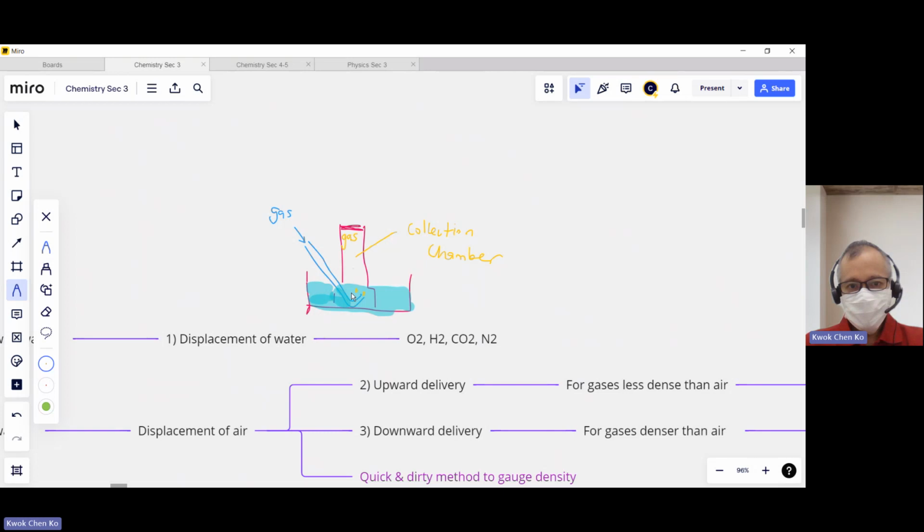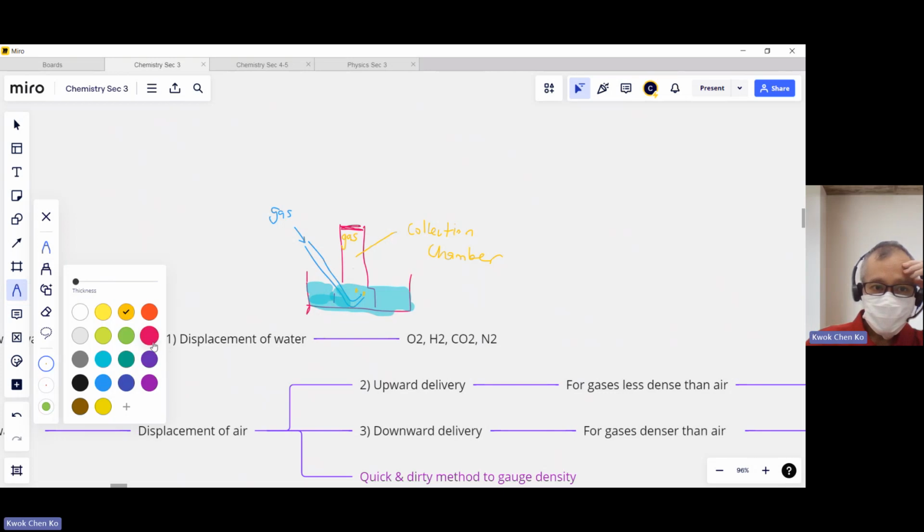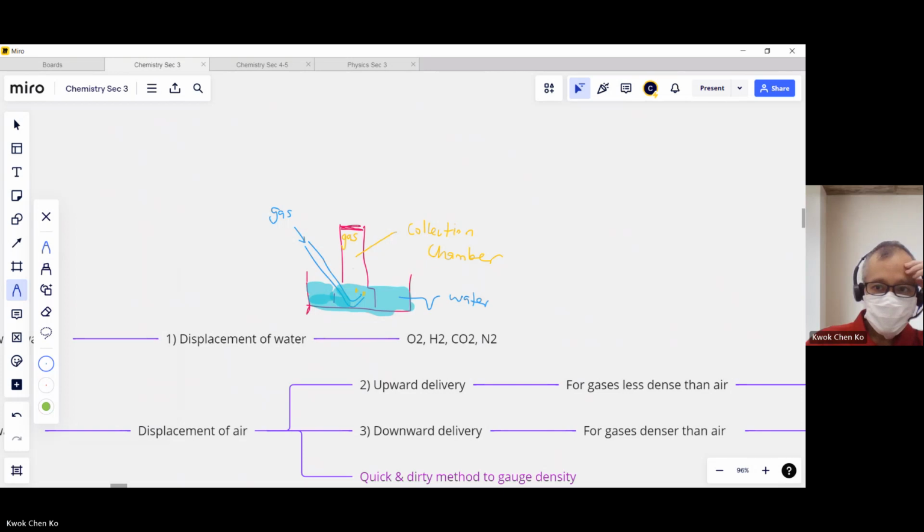So you allowed it to pass through water and gets collected right here. All right, so this displacement of water. Now, as I said, this is water. So your gas is allowed to bubble upwards through the water before it gets collected in this chamber.